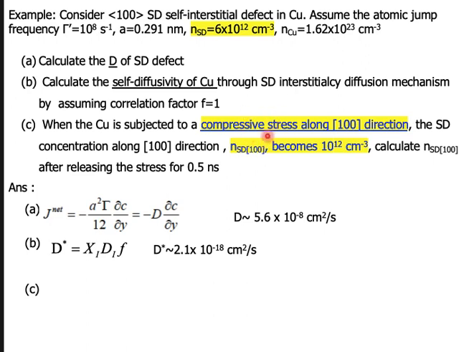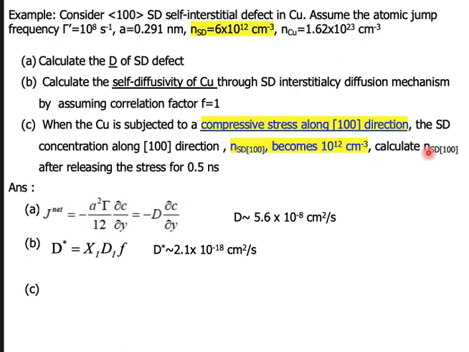Compressive stress tells you that the concentration of the SD defect along 100 for sure will be smaller, less than 2 times 10 to 12. Yes, it is smaller or less than, right? It is 1 times 10 to 12. I already told you the value.